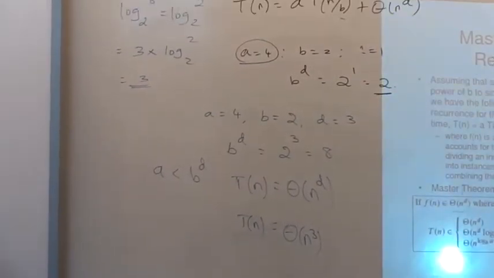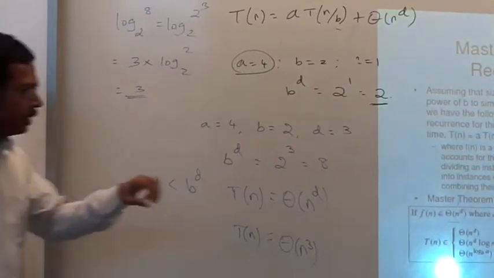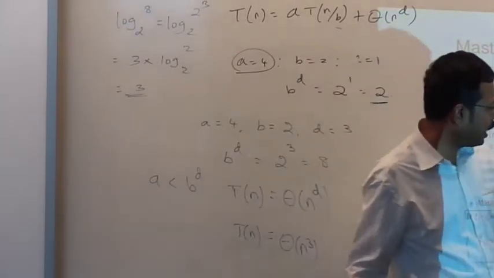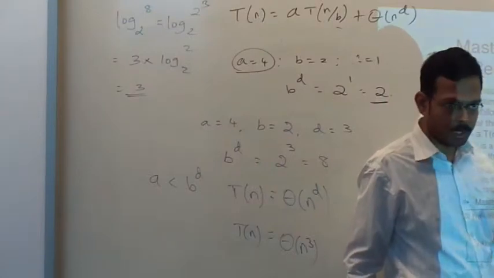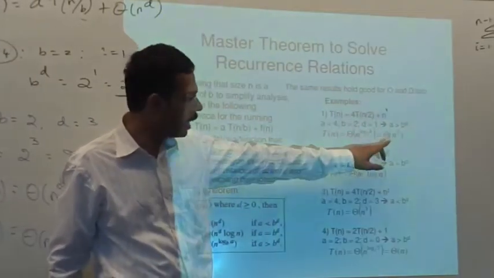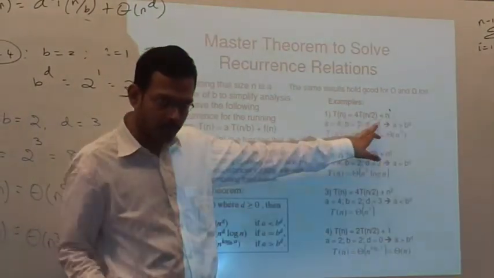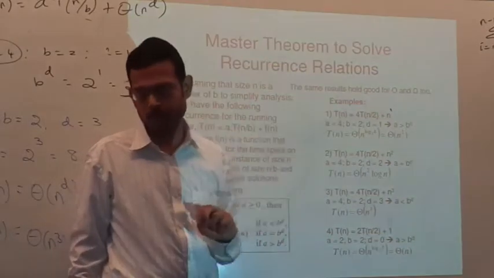Right? So if you notice, the only thing I changed in these three problems is the combining term, from n to n squared to n cubed, and the time complexity increases correspondingly. T of n was initially theta of n, then n squared log n, slightly more than n squared, and then n cubed.